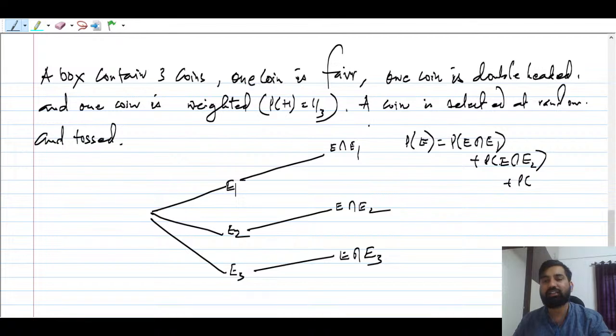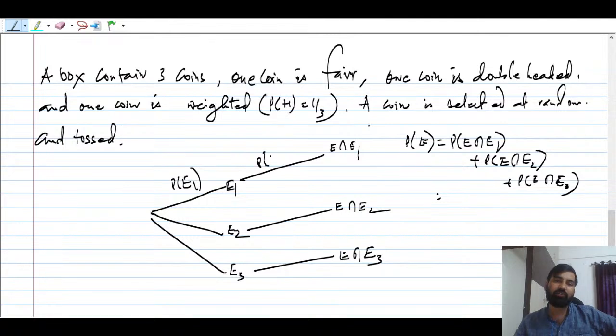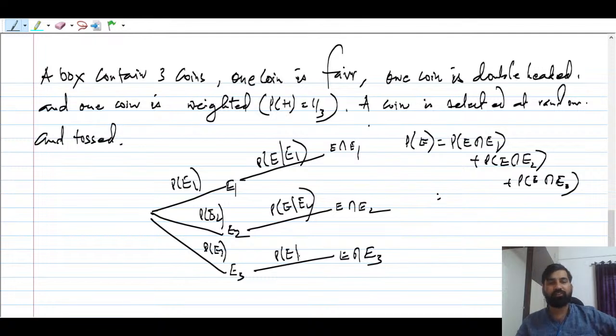Now how to write this? Using the conditional concept, using the multiplication rule. So this is the probability of E1 and this is the probability of E given E1, probability of E2, and then probability of E given E2, probability of E3, so probability of E given E3.